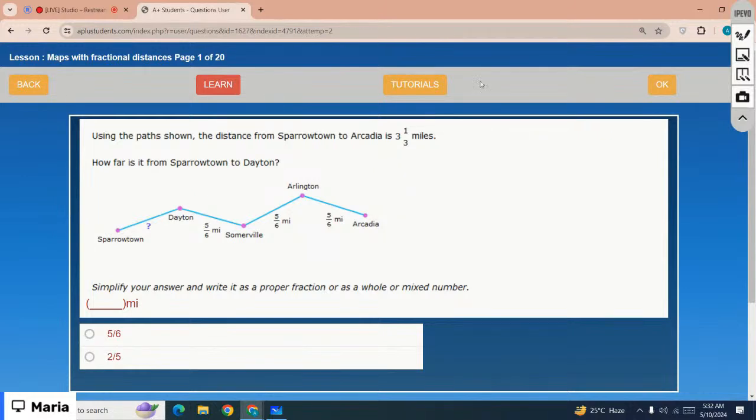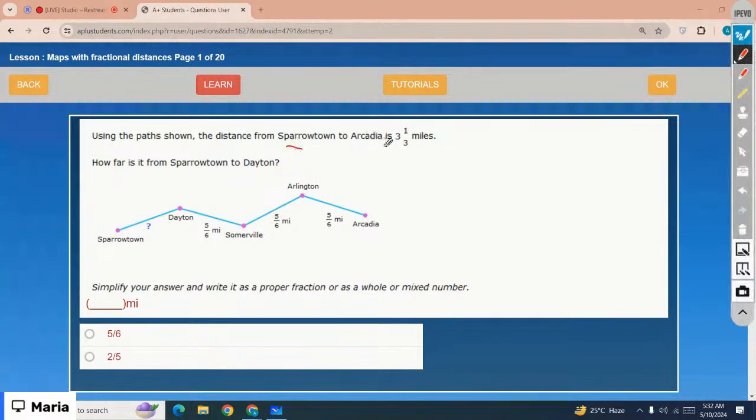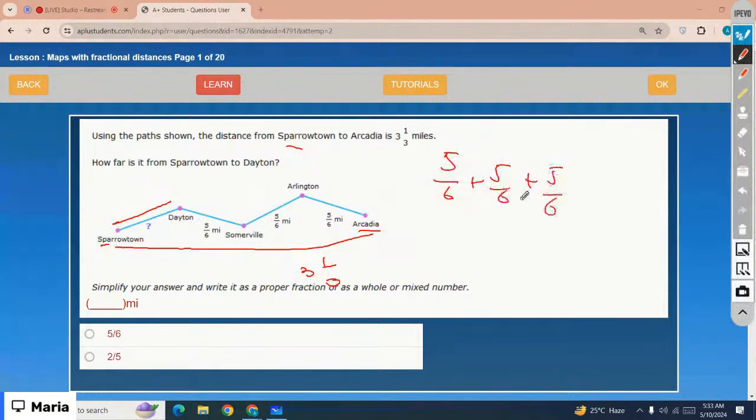Okay, so from Sparrow Town to Arcadia, that means from here to here, the distance is the complete distance from this point to this point. That's 3 whole 1 over 3, right? You need to find Sparrow Town to Dayton. You are given the other distances, just add the given ones, right? That is 5 by 6 plus 5 by 6 plus 5 by 6.